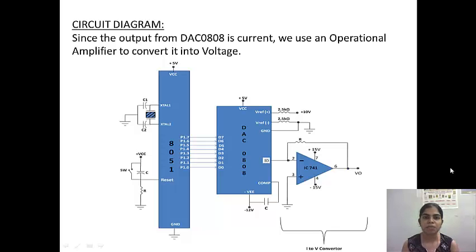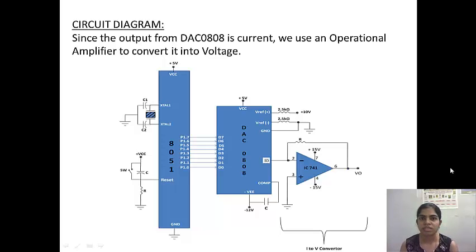P1.0 is connected to D0 of DAC 0808 and P1.7 is connected to MSB D7 respectively. DAC is also connected to VCC of 5 volt, and if you closely observe, the I reference is 2 milliampere if you calculate the value from the given voltage and resistance values.